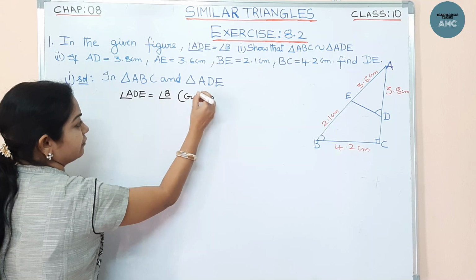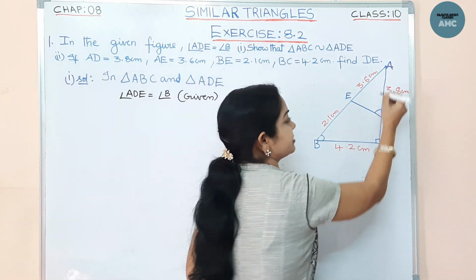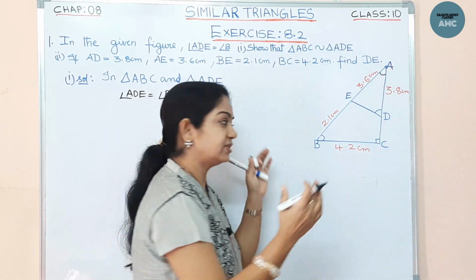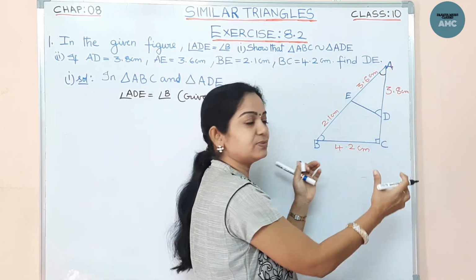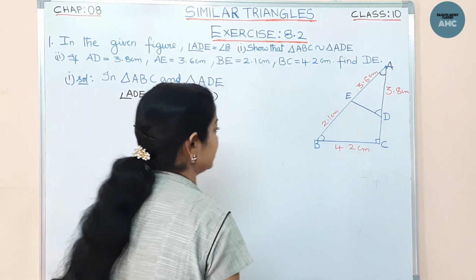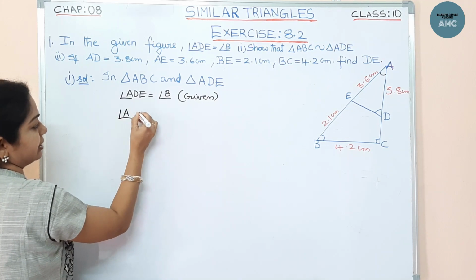Now, if you see the diagram, angle A is common for both the triangles, the triangle ABC as well as the triangle AED. The common angle is A. A is common here.